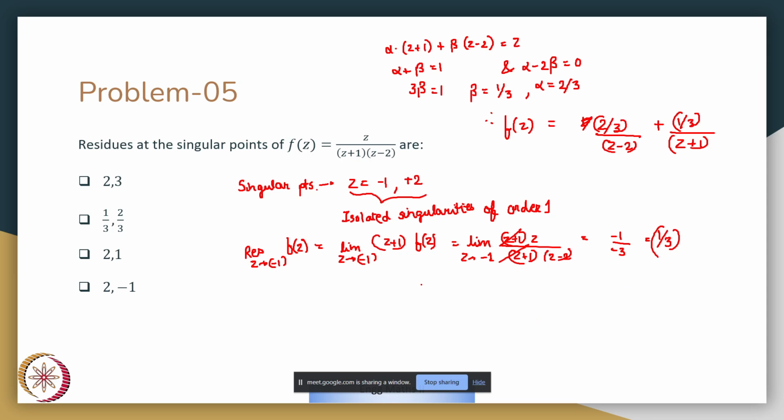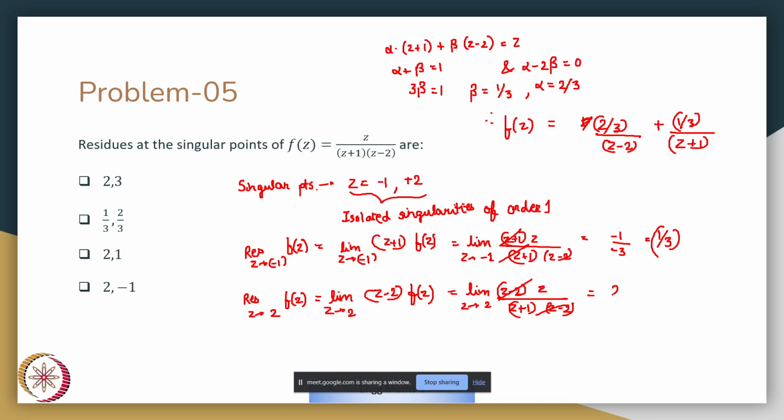Similarly, if I want to calculate the residue of f of z at z tends to 2, again it is first order, so we'll directly multiply it by (z minus 2) into f of z, limit z tends to 2, which is limit z tends to 2, (z minus 2) times z upon (z plus 1)(z minus 2), which is 2 upon 3.